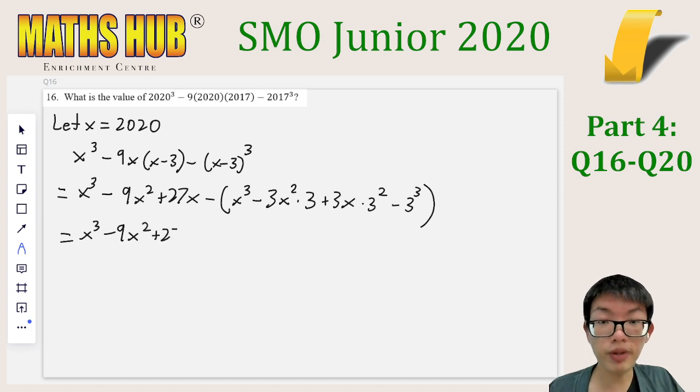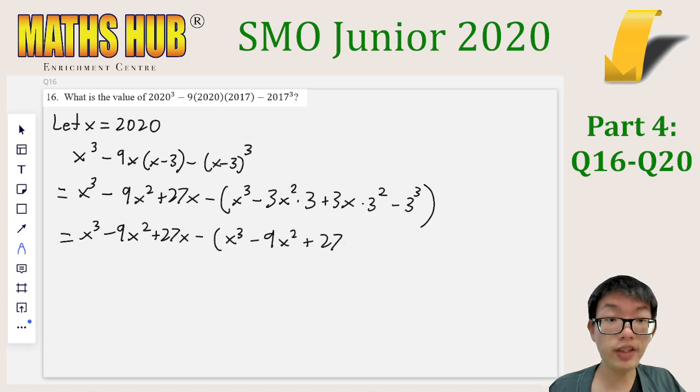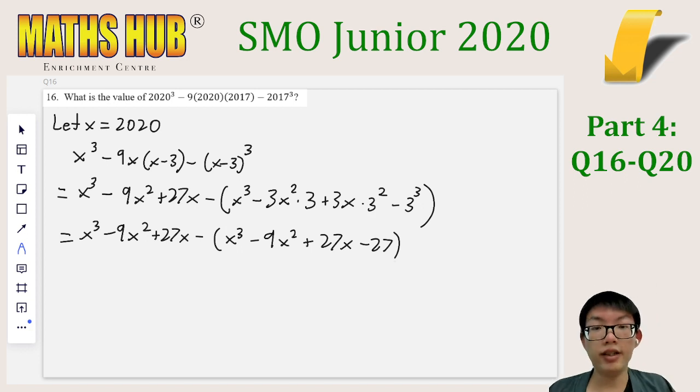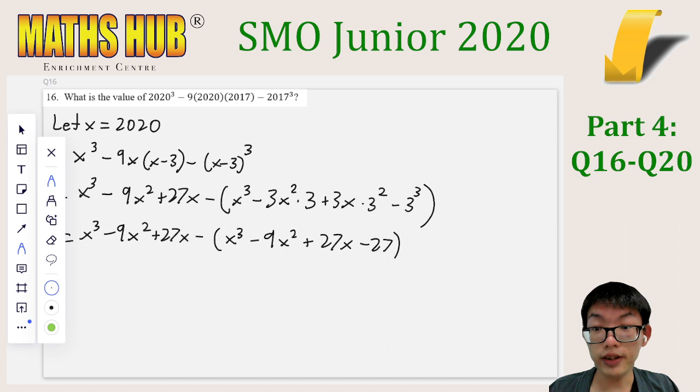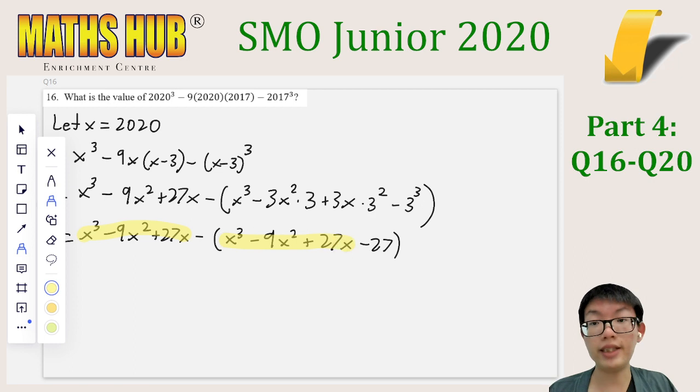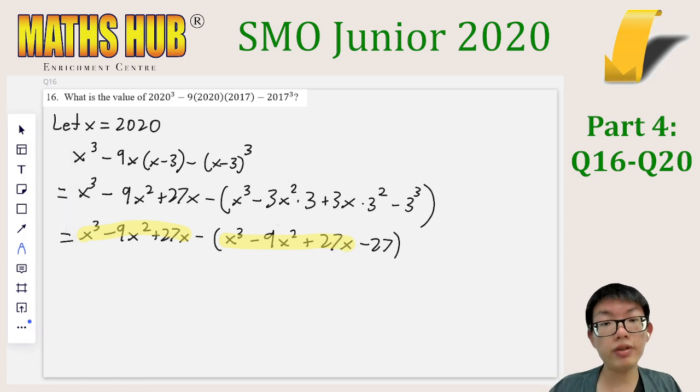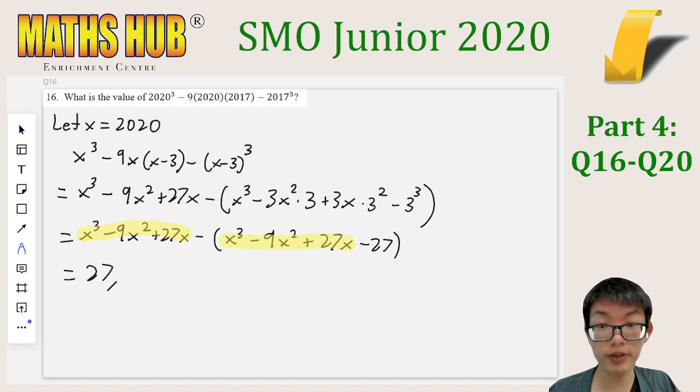If we simplify this, it would be x cubed minus 9x squared plus 27x minus 27. You realize now that this is literally repeated here and here exactly the same. So we could expand it out, or we could just realize that the only difference is that this is the same number minus 27, so therefore the difference must be 27.